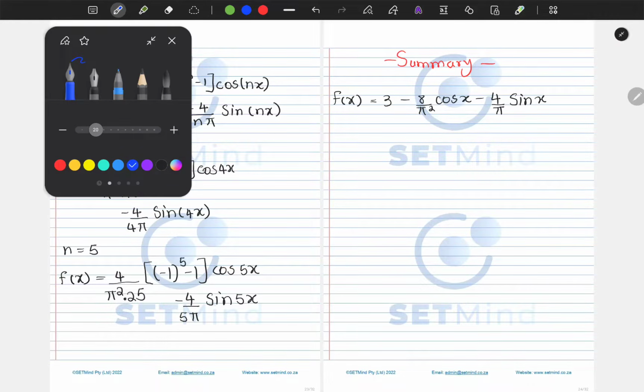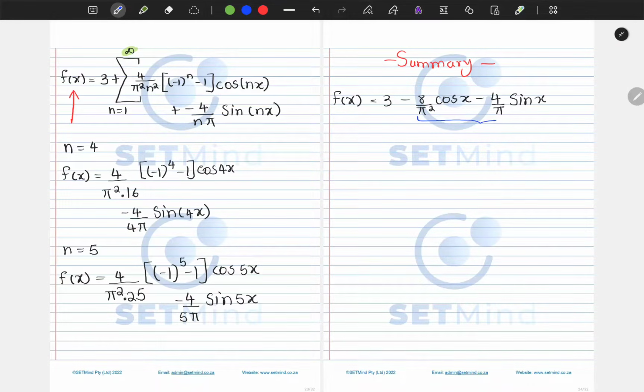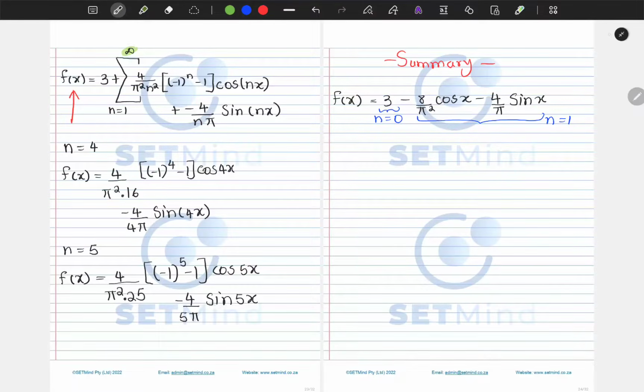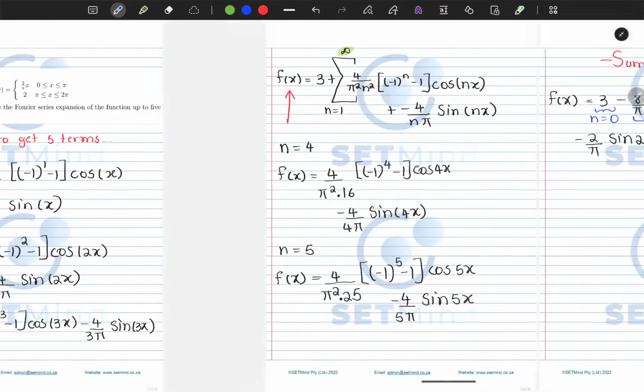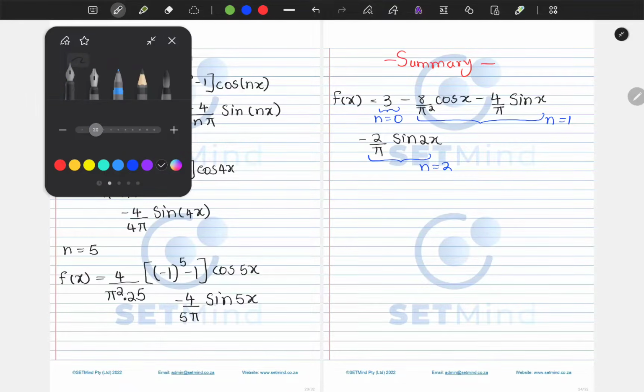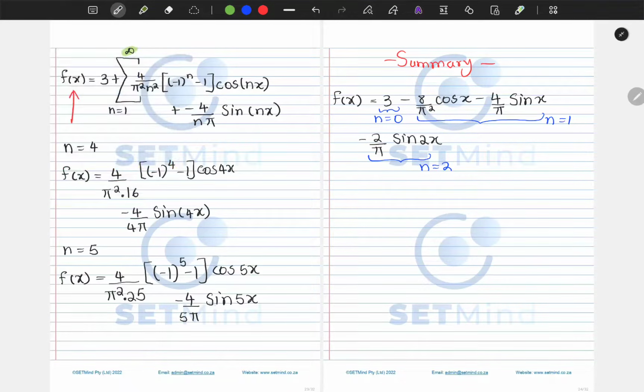So done with that. And what you should note is that this term here is for n is 1, and this one here is for a0, where n is actually 0. Okay, then let's go for the next one. So when we summarize for n is 2, what you will realize is you'll end up having this term here. So this is for n is 2, and then let's go for n is 3.